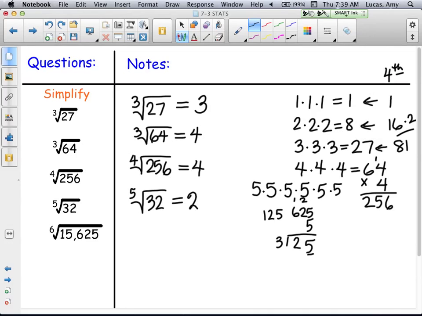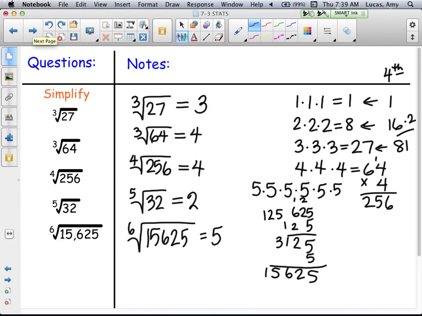So a sixth one. Got it. So the sixth root of 15,625 is 5. Those numbers can get pretty large pretty quickly. It's okay if you need to use a calculator to figure these out. Don't worry about that. So all of these simplified so that we got a nice whole number answer.